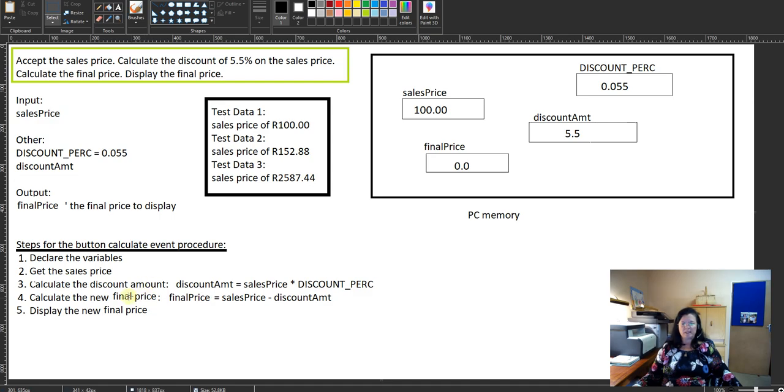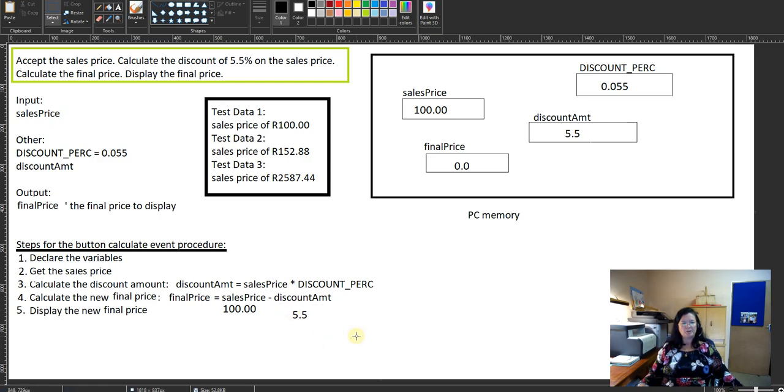Step number 4 says calculate the final price. So in this case, again, all the variables, their values would be retrieved. I'm going to write that right at the bottom. So sales price, I've got 100. Discount amount, that drawer called discount amount is opened, and the PC takes whatever is specified over there, and I've got that.